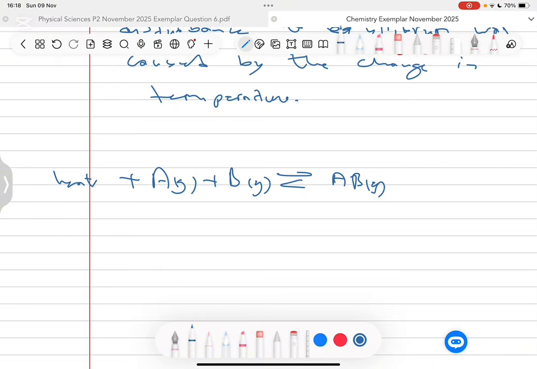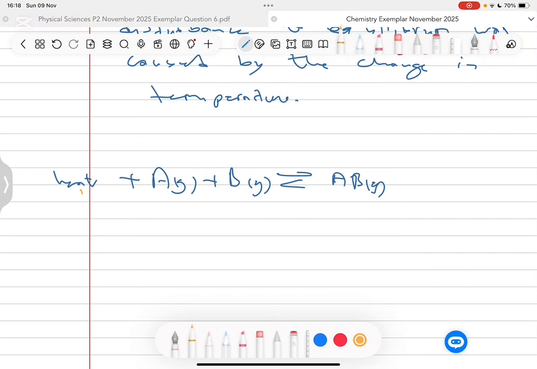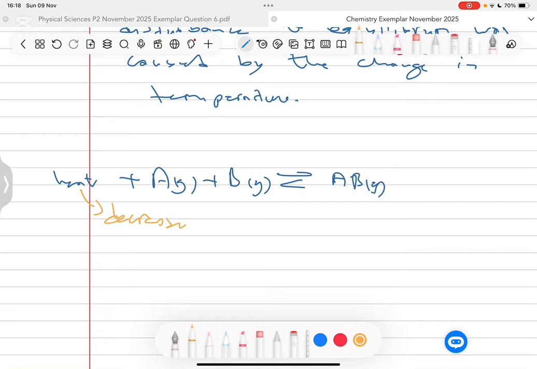Because if I decrease the temperature in the original equilibrium, the heat here will be smaller and the equilibrium will be disturbed. So for me to go back to equilibrium, according to Le Chatelier's principle, I have to cancel that effect. It means I must increase this temperature.